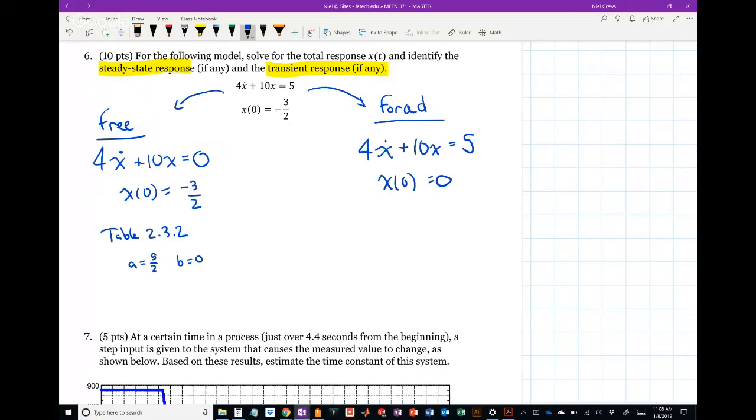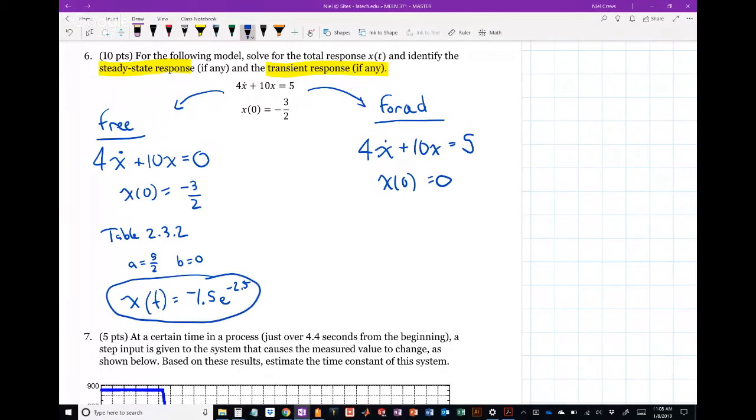Once we substitute in and use the initial condition of negative 3/2, we find that C is negative 3/2, negative 1.5, and that gives us x of t equal to negative 1.5 e to the negative 2.5t. Okay, so that is our free response.